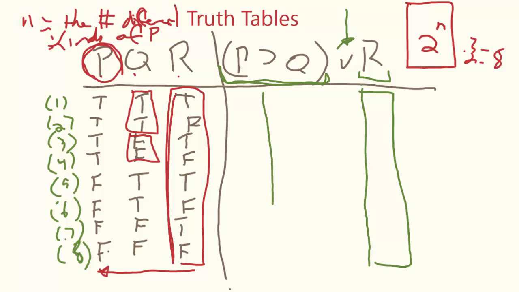And we need to know the truth value of this conditional, if P then Q, for each of the 8 possible situations, the 8 lines, the 8 rows.